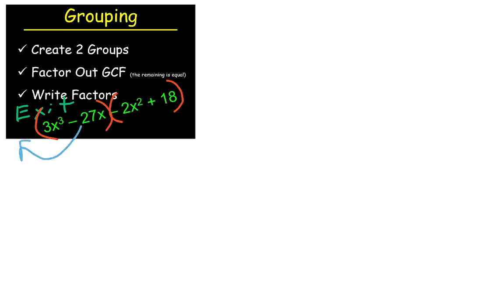And now we're ready to take out a GCF. Did you realize that 3 is the highest number that is common with 3 and 27? And so it goes with x. You basically want to take out a 3x so that you're left with x squared minus 9. How about over here? Do I want to take out a 2 or a negative 2?